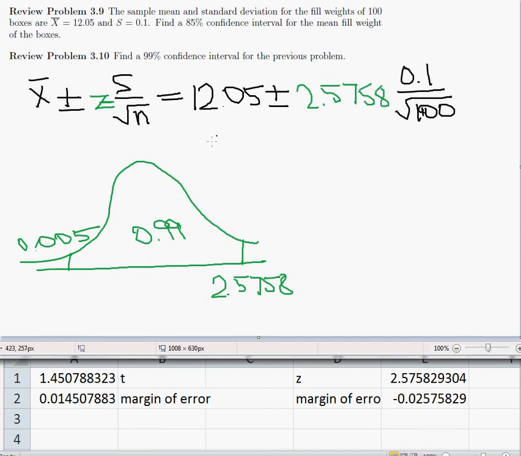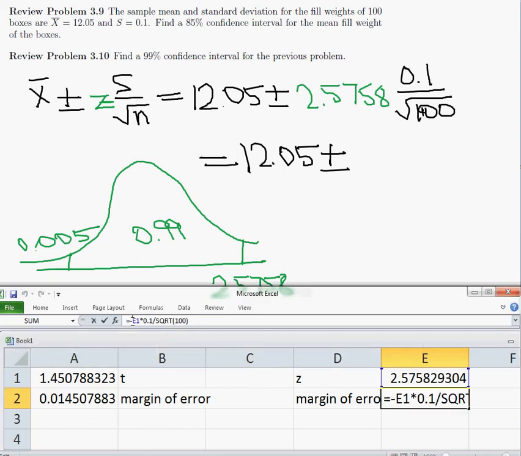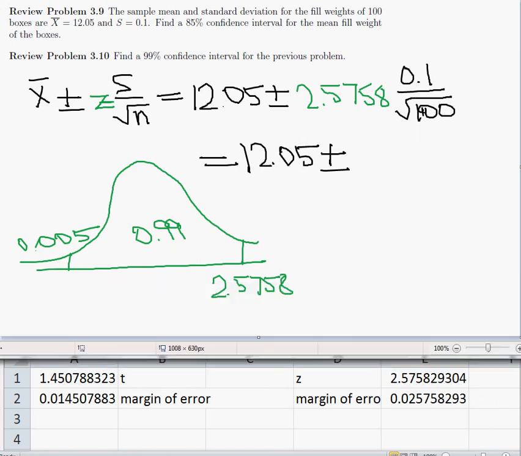And so I get the margin of error of 12.05 plus or minus. The margin of error this time, I don't need the negative sign that I had before, so I'll get rid of that minus sign. I get a margin of error of 0.026, say.